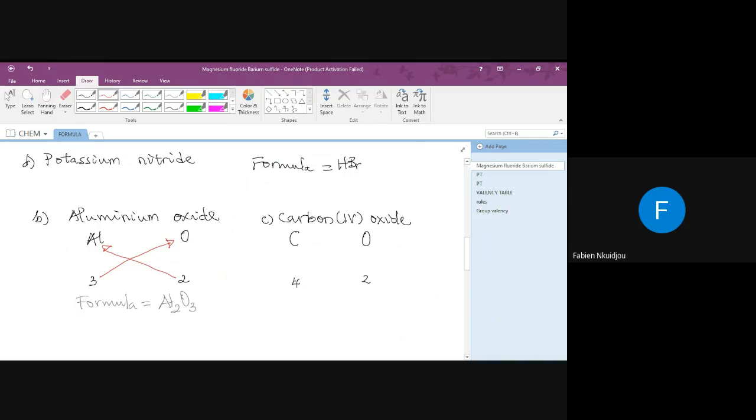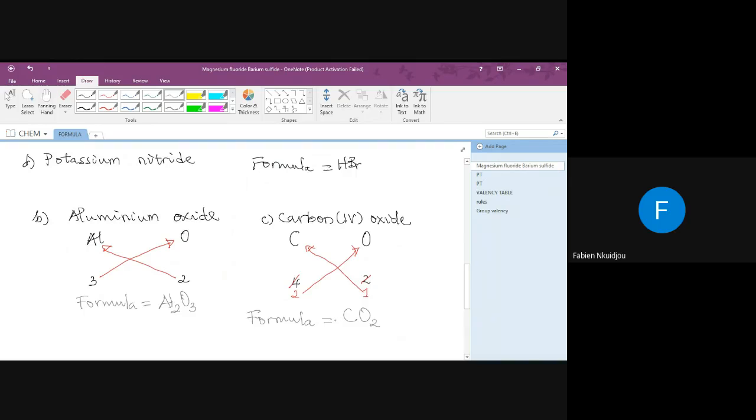Here we have 2 and here we have 1. So we now interchange the valencies. When we interchange the valencies, what does the formula give us? We now have CO2. So that is it. And this compound is commonly called carbon dioxide.